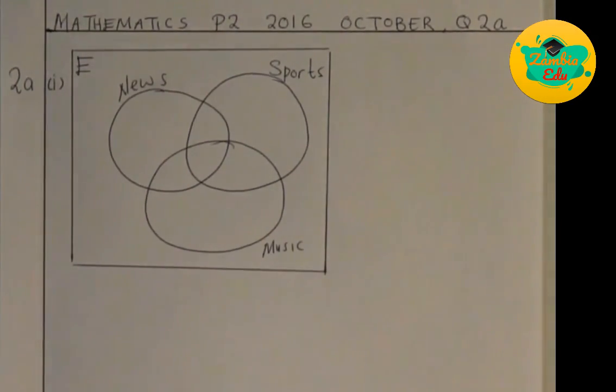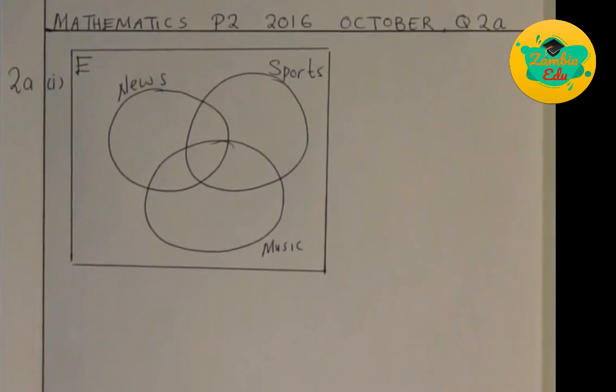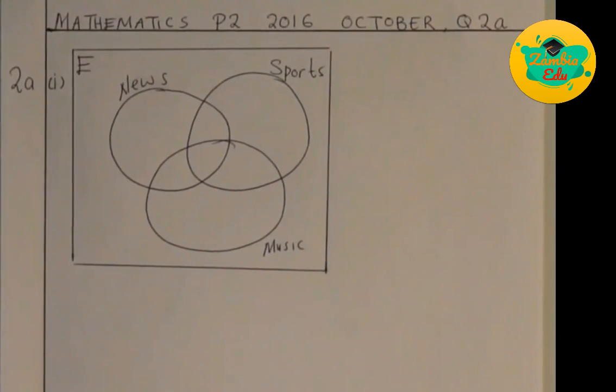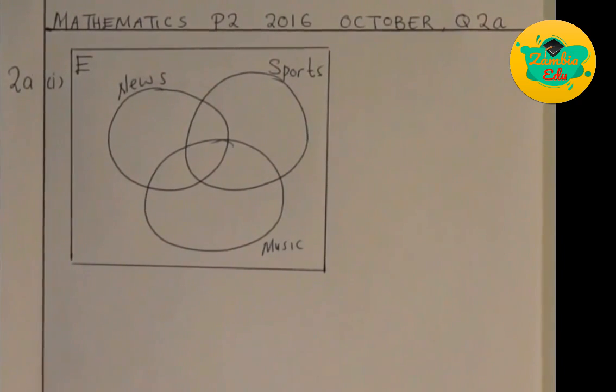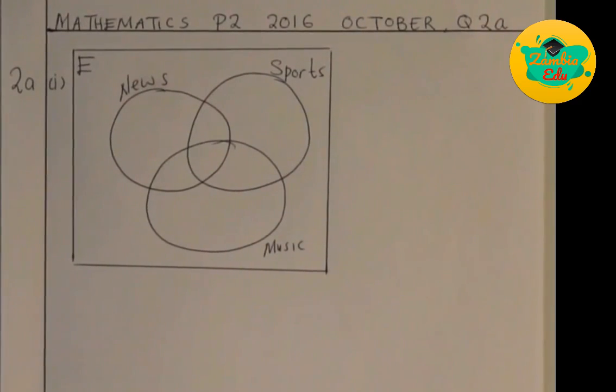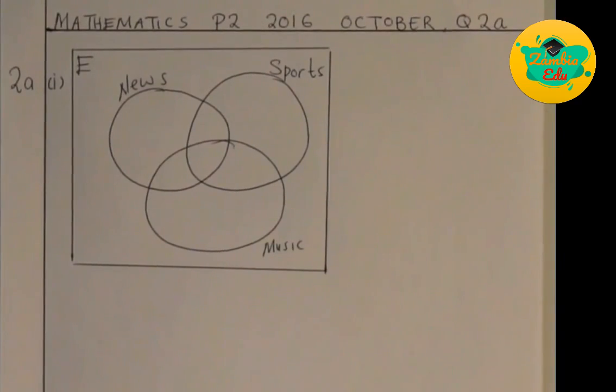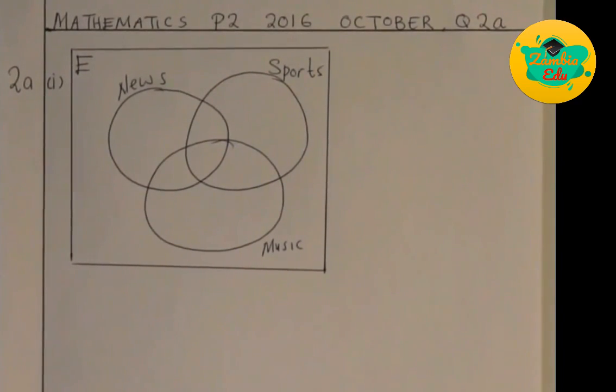So according to the question, we have been told that 29 listen to news, 25 listen to sports, 22 listen to music, 11 listen to both news and sports, 9 listen to both sports and music, 12 listen to both news and music, 4 listen to all the 3 programs, and 2 did not listen to any program.